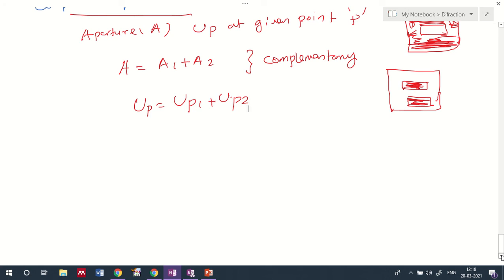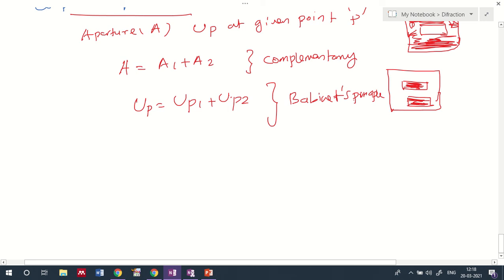The equation above is one form of the theorem known as Babinet's principle. If you have two apertures A1 and A2, the optical disturbance will be equal to UP1 plus UP2. This is called Babinet's principle. So easy, right?